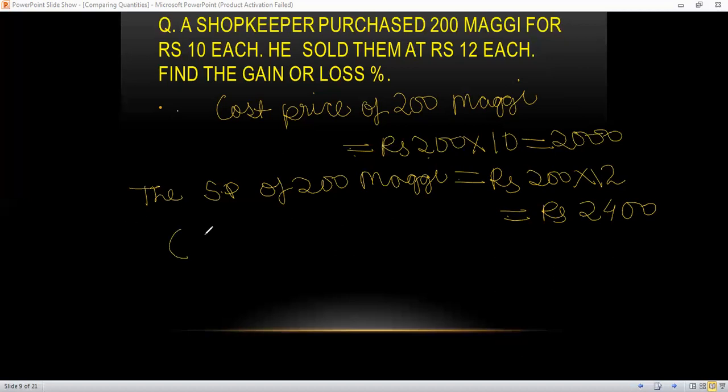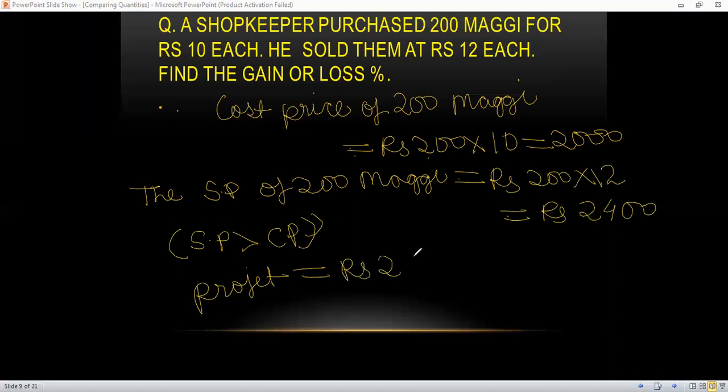That means here the SP is greater than CP. So the profit is equal to rupees 2400 minus rupees 2000. So the profit we get is 400.